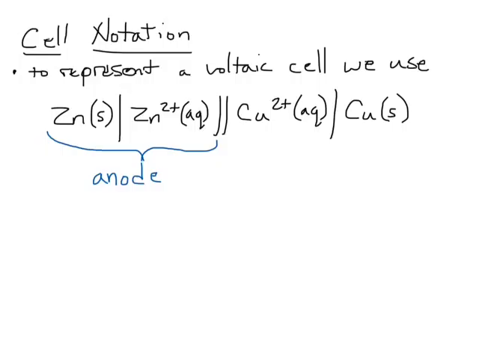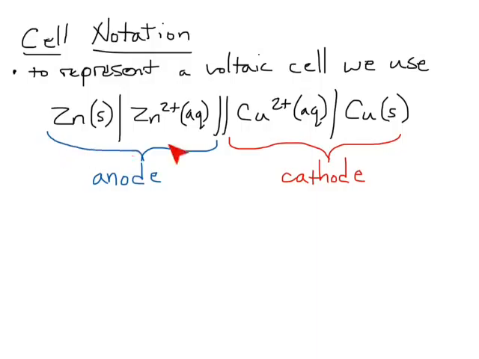And this over here is our cathode. Now, why would I write that in red? Red cat, cathode, reduction, love it. There's no color for ox. Anyway, anode is oxidation.